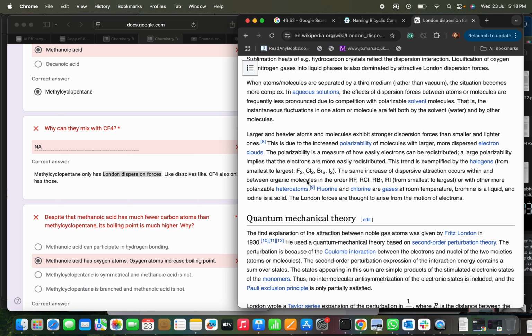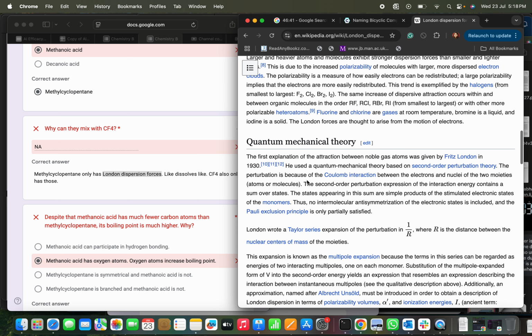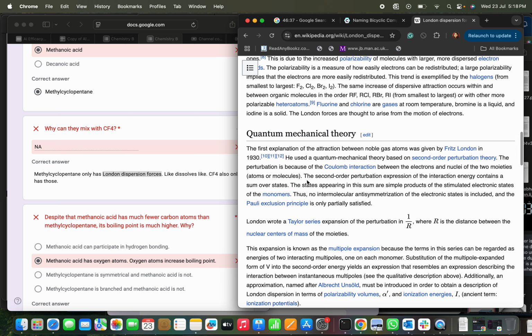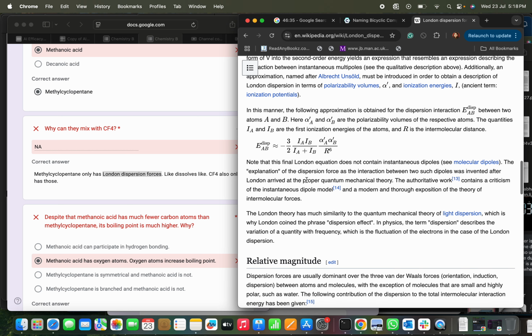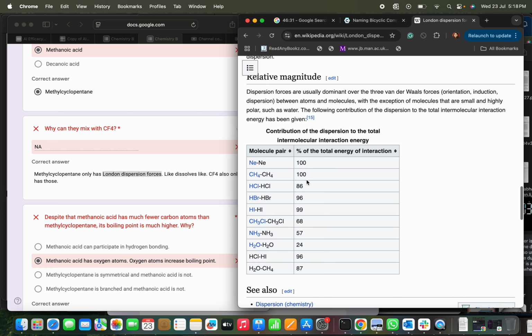Polarizability is a measure of how easily electrons can be redistributed. Large polarizability implies more easily redistributed. The same increase of dispersive attraction occurs with proton. But this is more technical now. Contribution percentage of CH3Cl with CH3Cl.